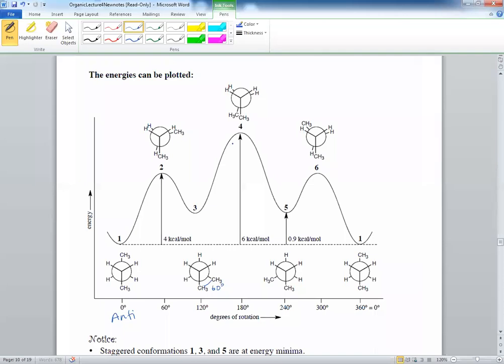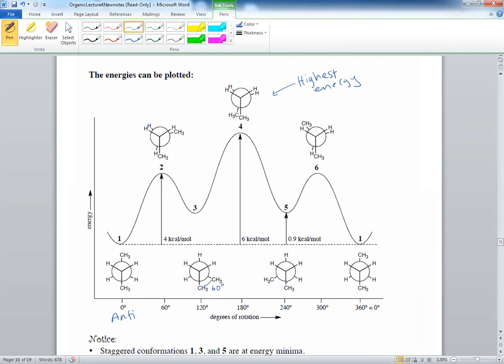However, look at the highest in energy one right here. This is when the two methyl groups, again, are eclipsing each other. And of course, 60-degree angle. And you have now another gauche conformation.